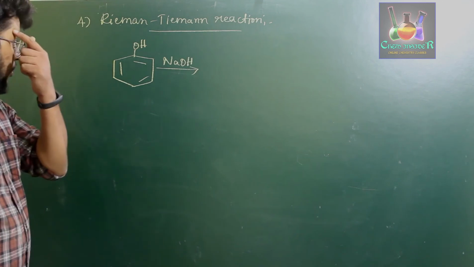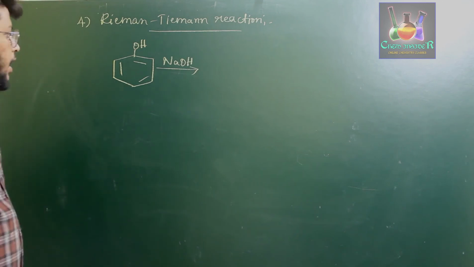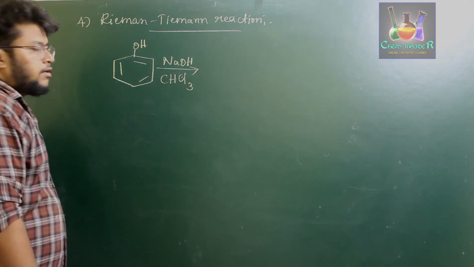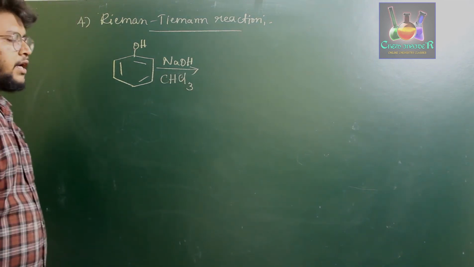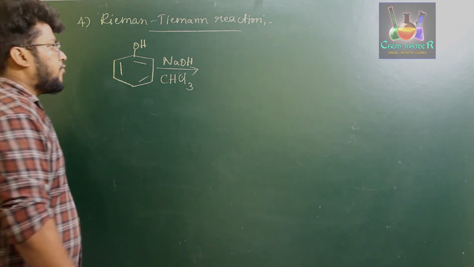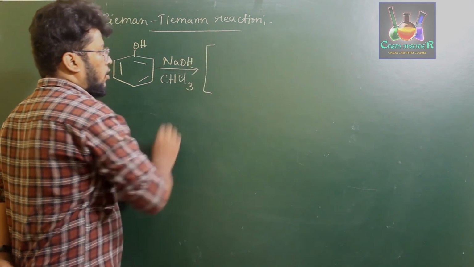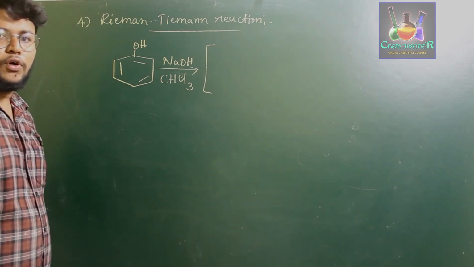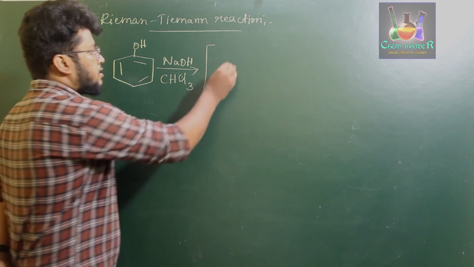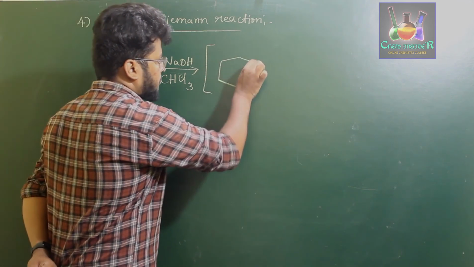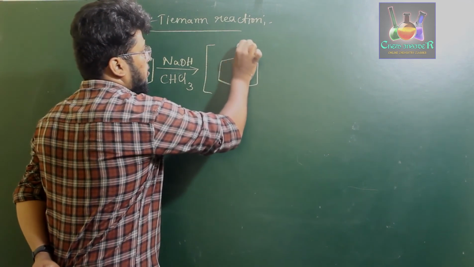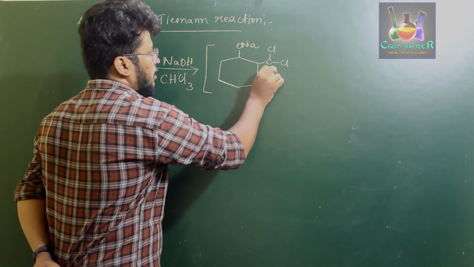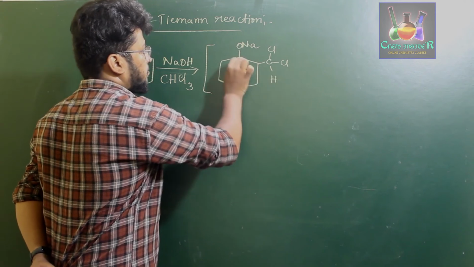When you treat phenol with chloroform and aqueous sodium hydroxide at the same time, it forms an intermediate called chlorinated phenoxide ion, which is like this: ONa and Cl and H at this position.